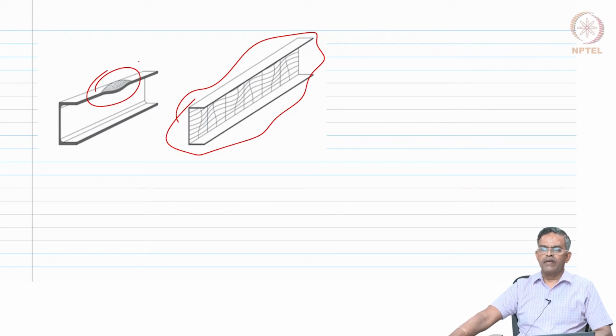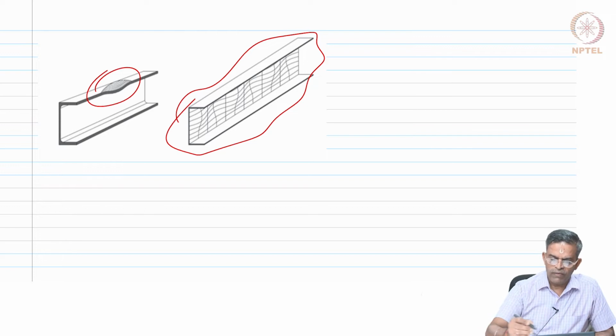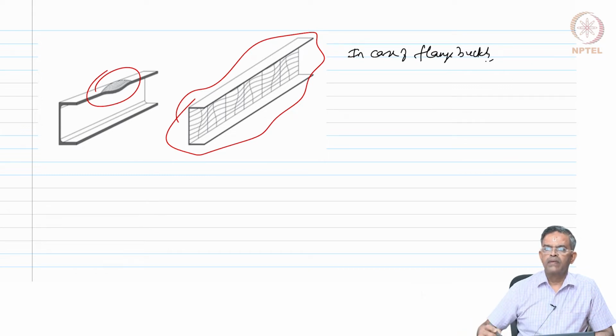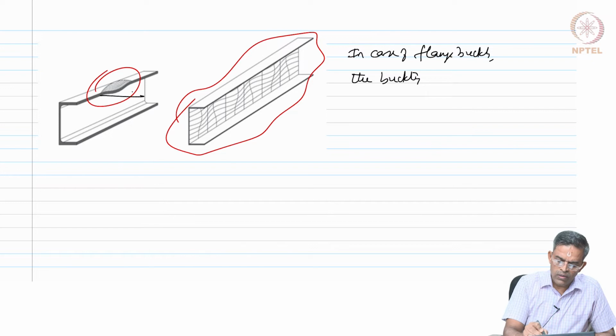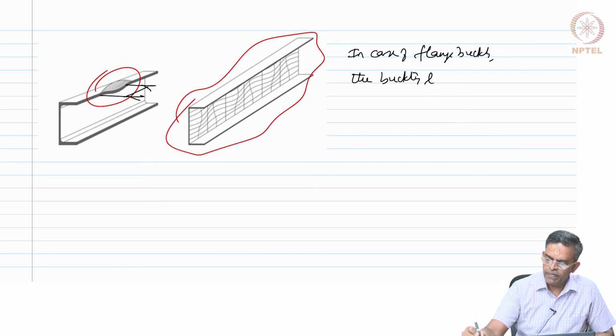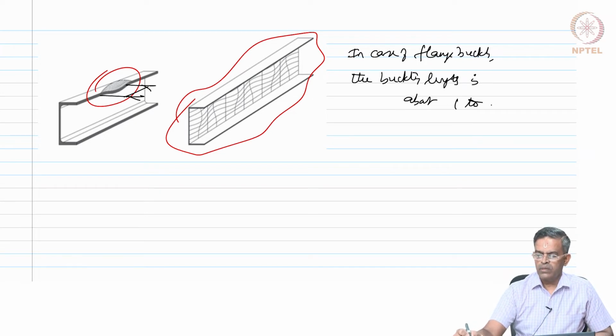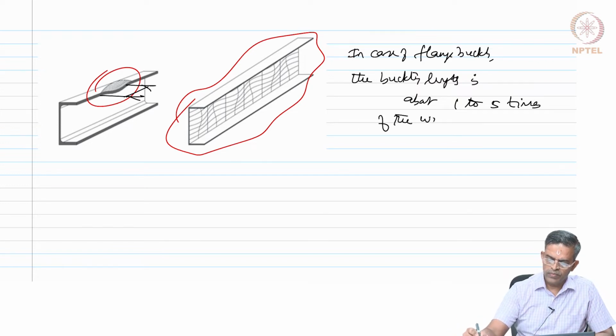In case of flange buckling, the buckling length varies between 1 to 5 times the width of the flange. This is what we call the buckling length, whereas this is the width of the flange.